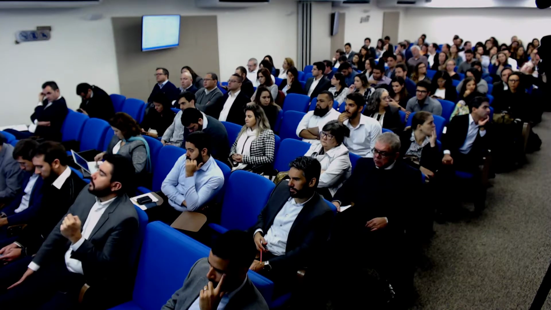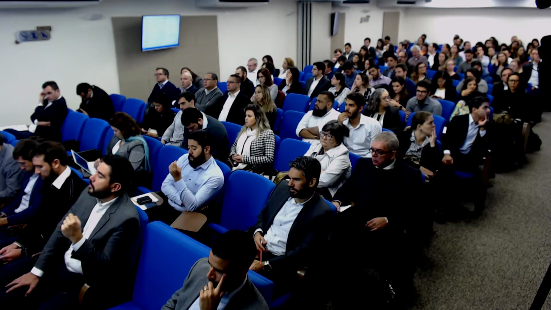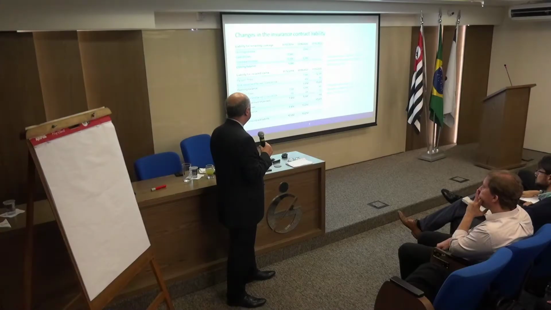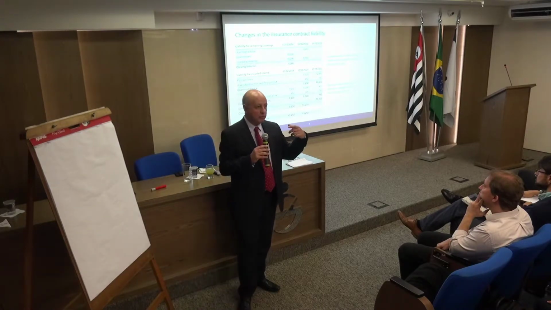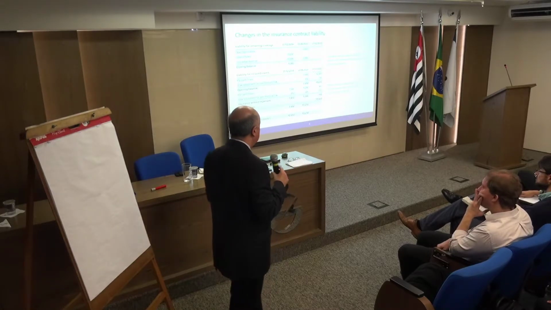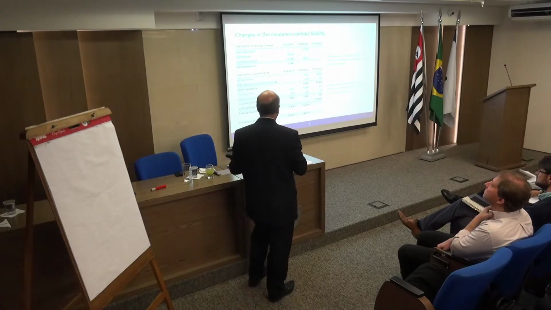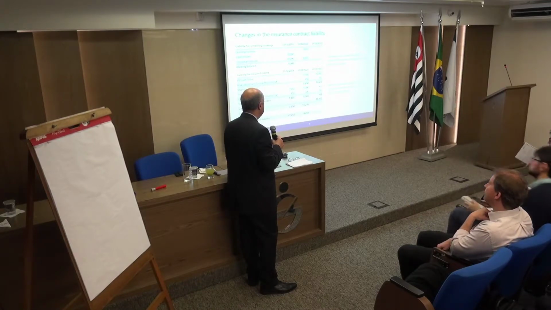So the sum of this row should be 13,400. And then we have the risk adjustment for non-financial risk, which was also given to us, 450 for the first part of the year, 300 for the remaining part of the year, and that's it.